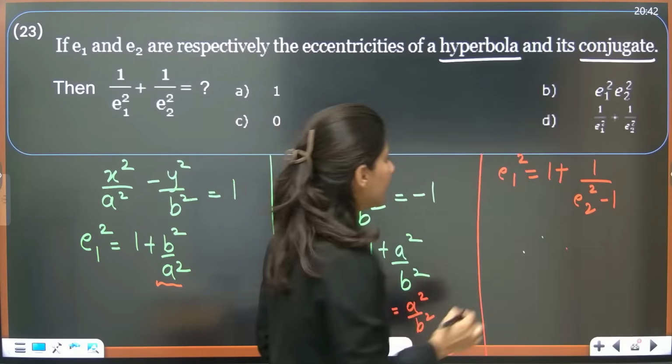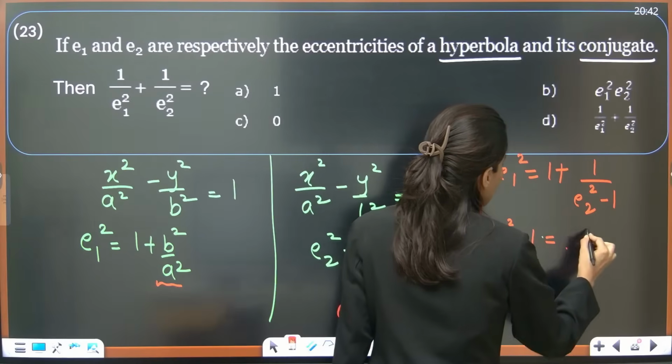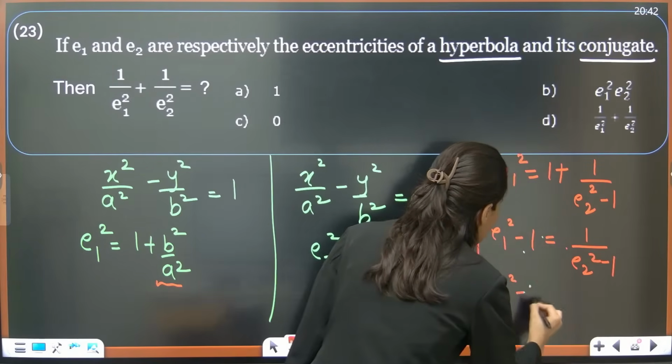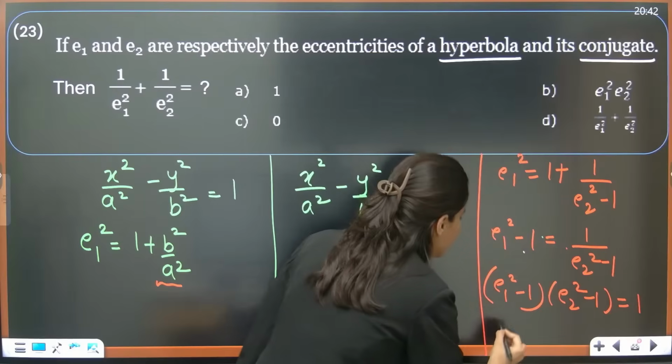Okay, just solve it right away. E1 square minus 1 is equal to 1 upon E2 square minus 1. So (E1 square minus 1)(E2 square minus 1) is equal to 1. Open it right away.